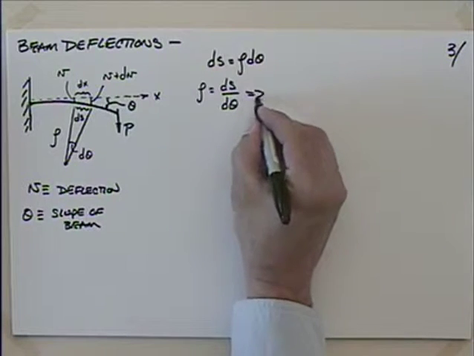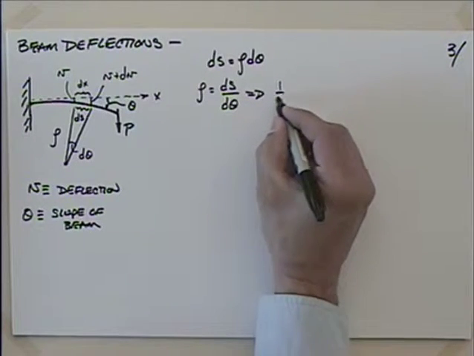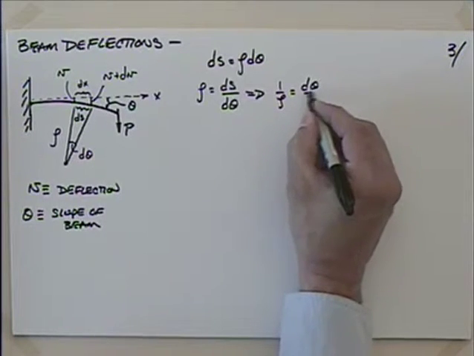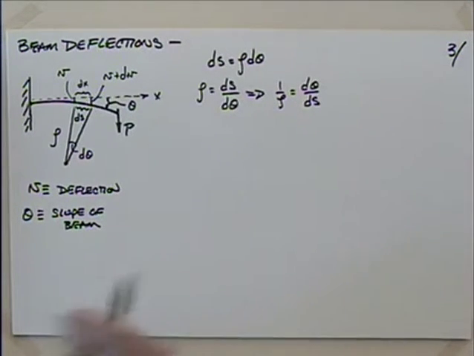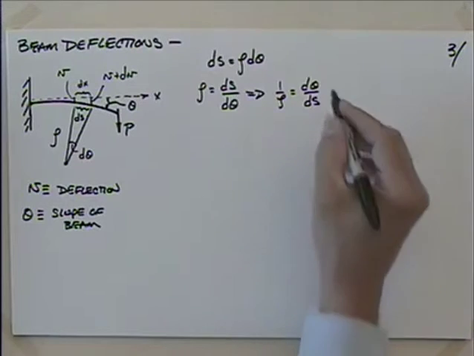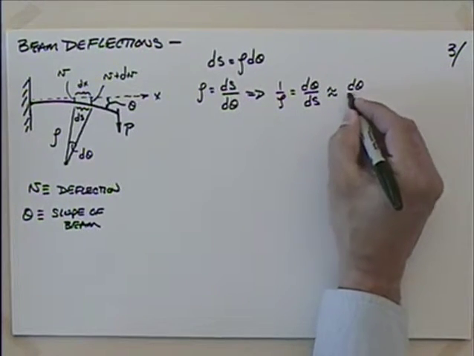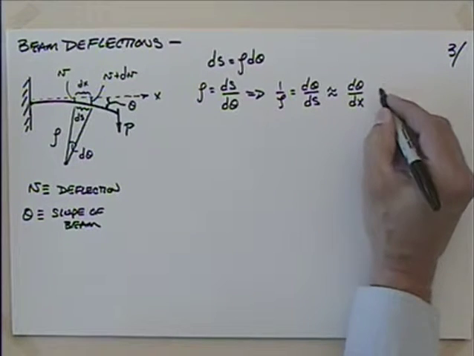And maybe I will invert rho, so 1 over rho is equal to d theta ds. And I'm going to say that that's pretty close to d theta dx.